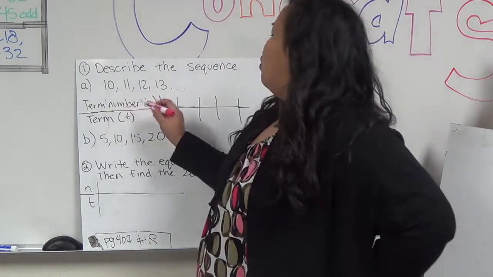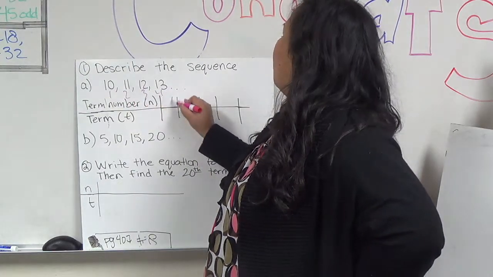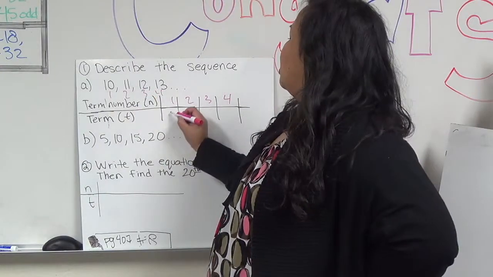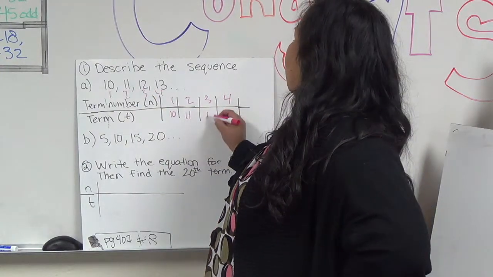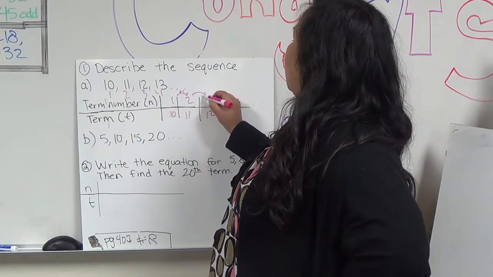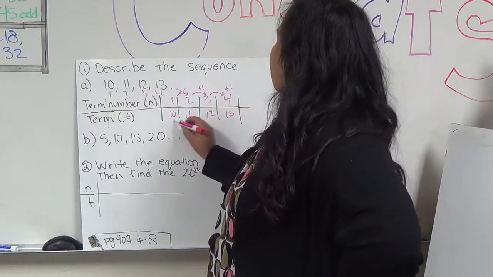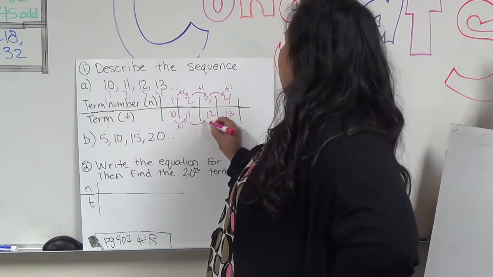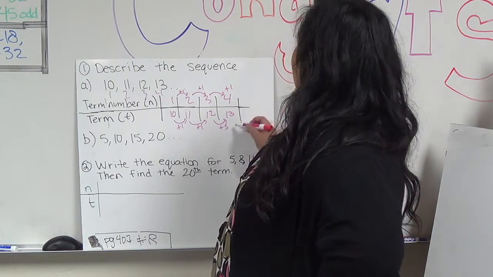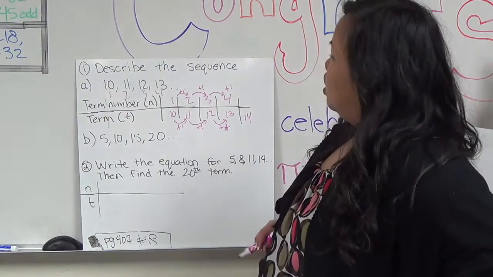So I have first, second, third, fourth, and my actual terms are 10, 11, 12, 13. As this gets +1 every time, this goes +1 also every time. So my next term would be 14.